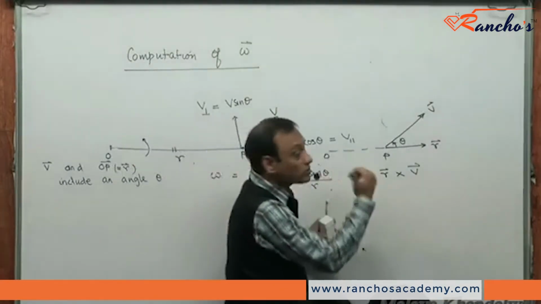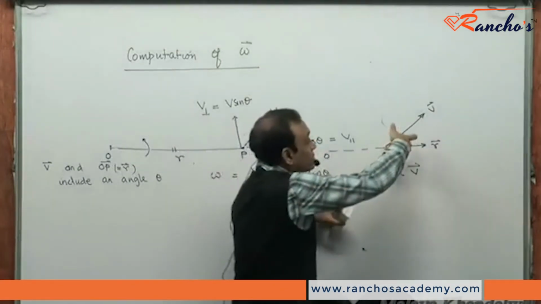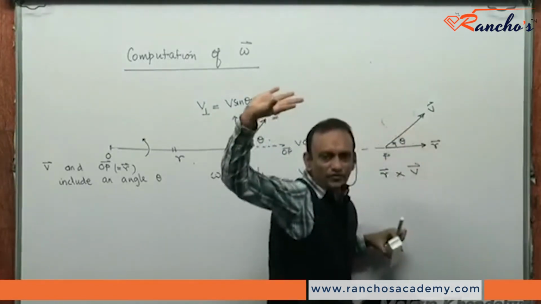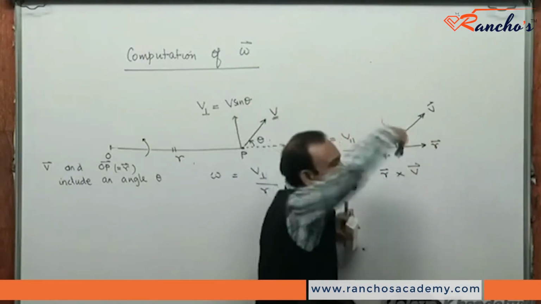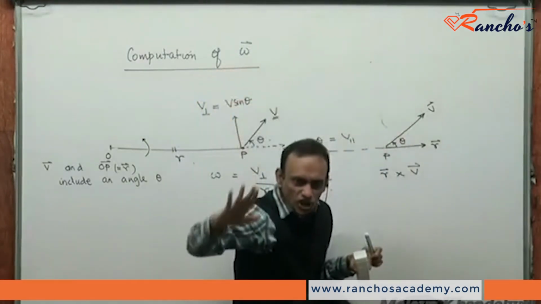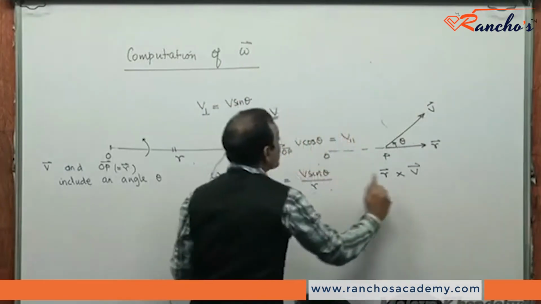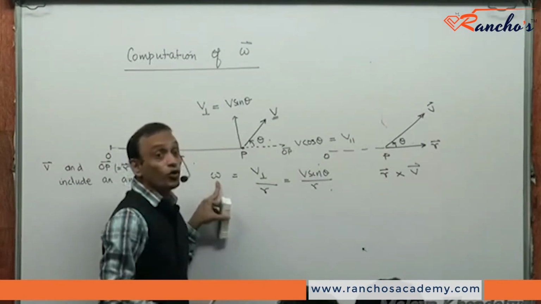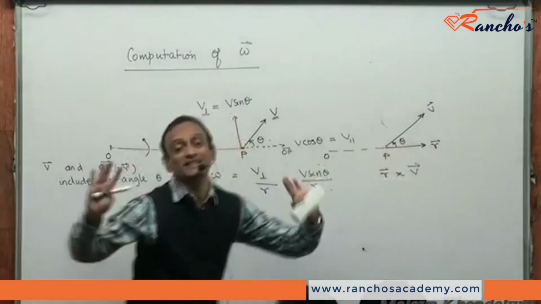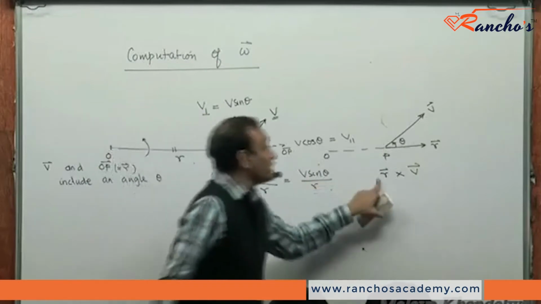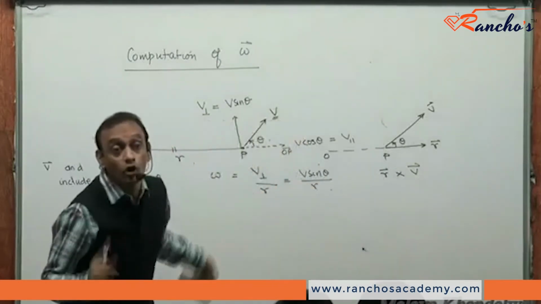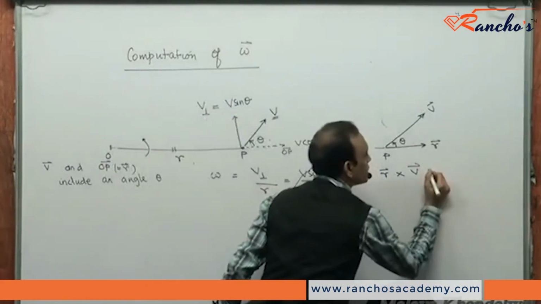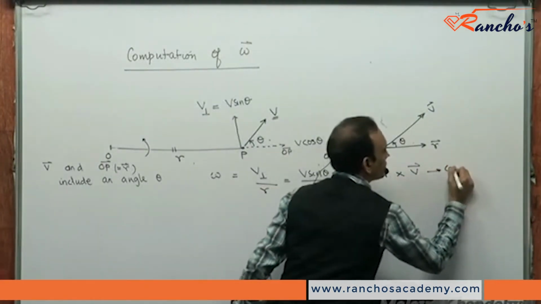Take a screw and rotate the screw from R to V. It will come out of the plane of the board. Do you realize that? R cross V comes out of the plane of the board, yes or no? And in this case, omega also comes out of the plane of the board. So do you realize that the direction of the omega vector and the direction of R cross V is the same? Yes or no? Which means R cross V in this case comes out of the plane of the board.